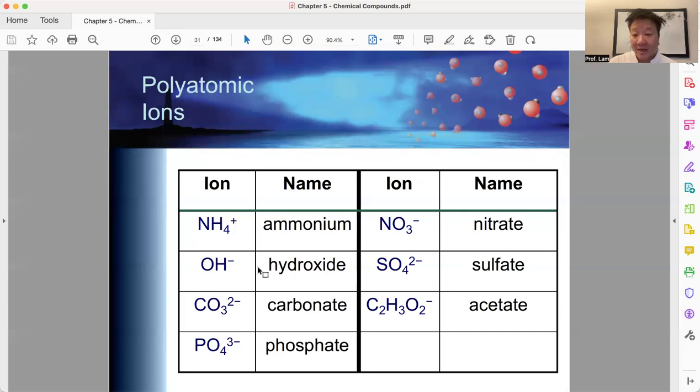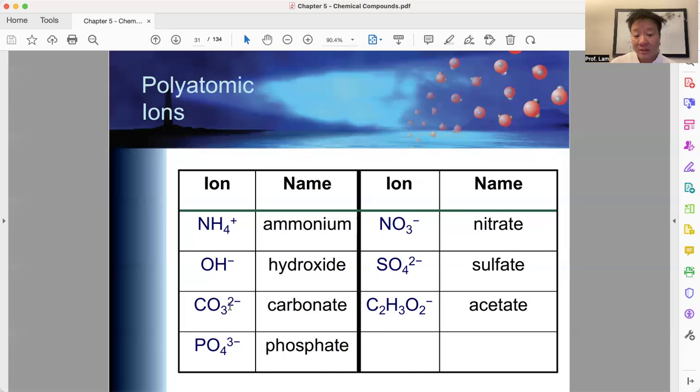Hydroxide, that's OH minus. Again, it's polyatomic because now it contains 2 atoms, right? And it's negatively charged. So both of those atoms carry the negative charge together. Carbonate is a collection of 3 oxygens and a carbon bound together with a collective charge of 2 minus, right?